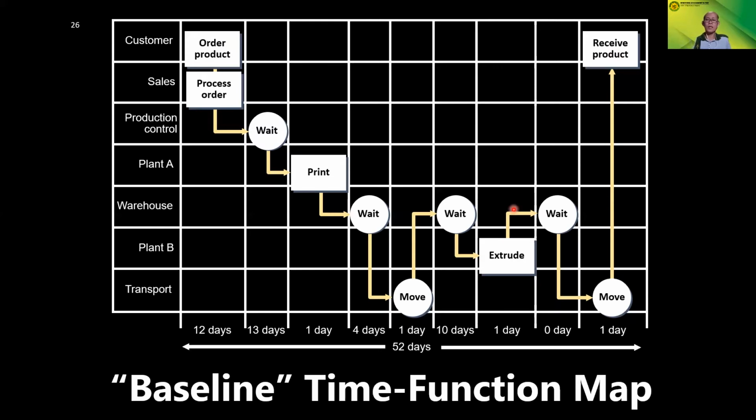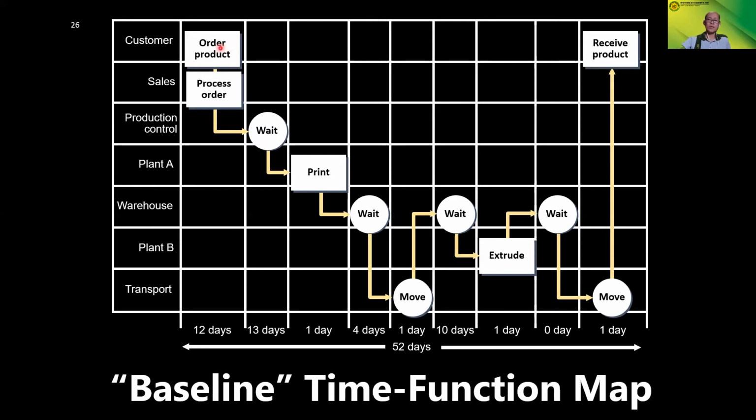This type of analysis allows the users to identify and eliminate waste such as extra steps, duplication, delay, and in this example there is so much waiting time. Look at the initial steps, no?